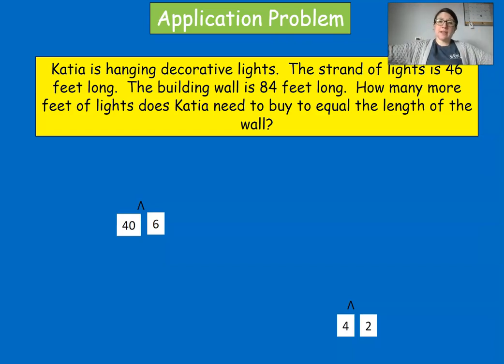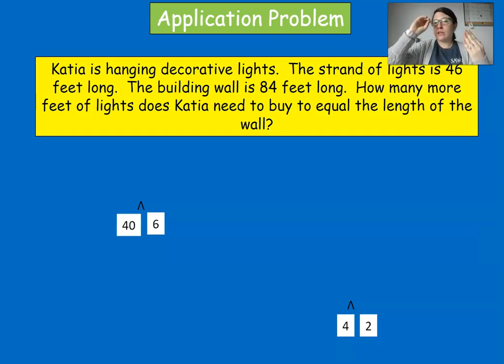Picture a strand of lights that's 46 feet long. The building wall is 84 feet. This is good because we measured both in feet. But we want to cover the whole wall with lights. Do we have more wall or more lights right now? Yeah, we have more wall. So we need to figure out how many more lights we need to get to the total.